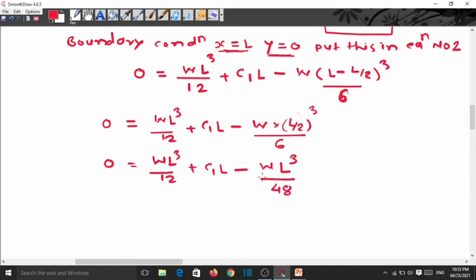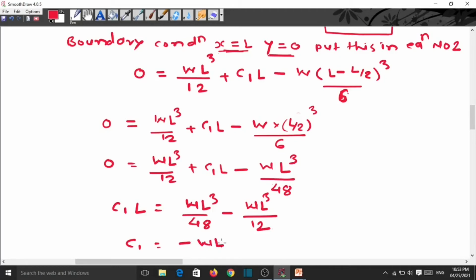So C1L is equal to, this is toward the left side, WL cube by 48 minus WL cube by 12. So if we solve this, we got C1 is equal to minus WL square by 16.